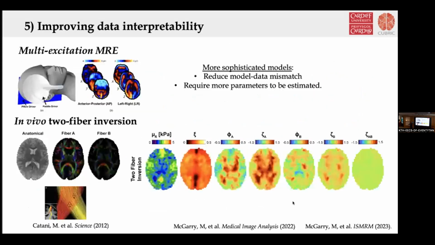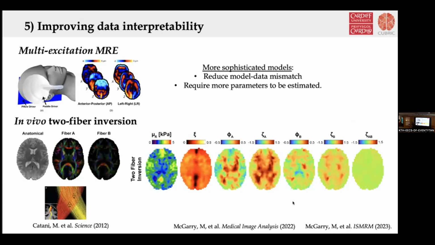And just finally, there's more work looking at multi-excitation MRE and the ability to recover the anisotropic properties, because the mechanical properties aren't going to be the same in each direction. This helps reduce data model mismatch, so it will improve resolution, but it does require more parameters to be estimated.